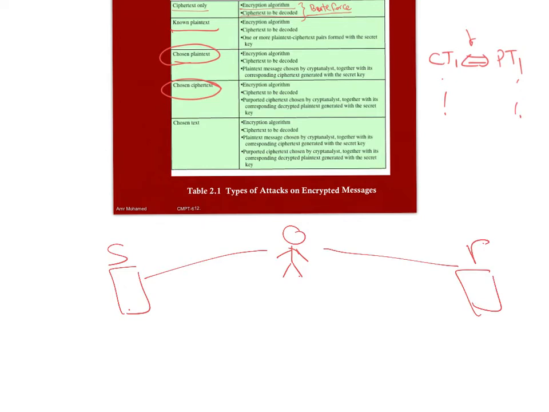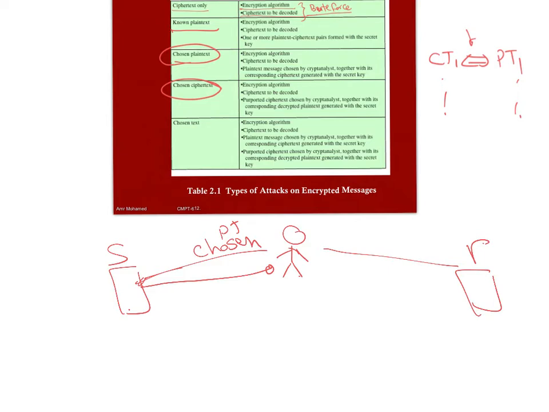Okay, so the attacker can send some chosen plain text to the sender and ask the sender, okay, so please encrypt this. Okay, so he knows that the sender will encrypt this and send it back to him.